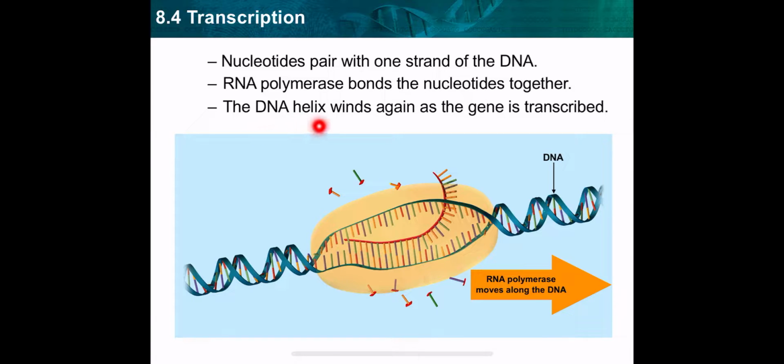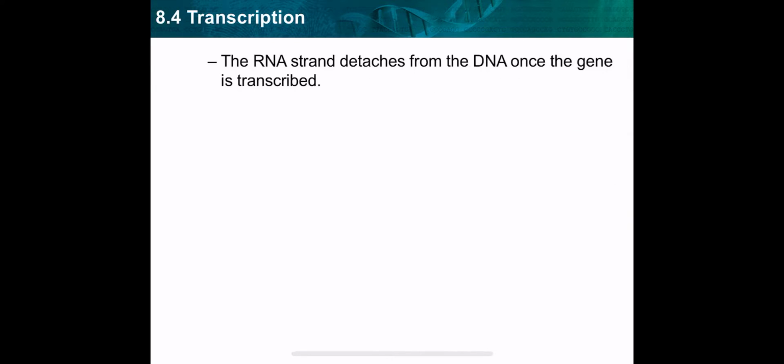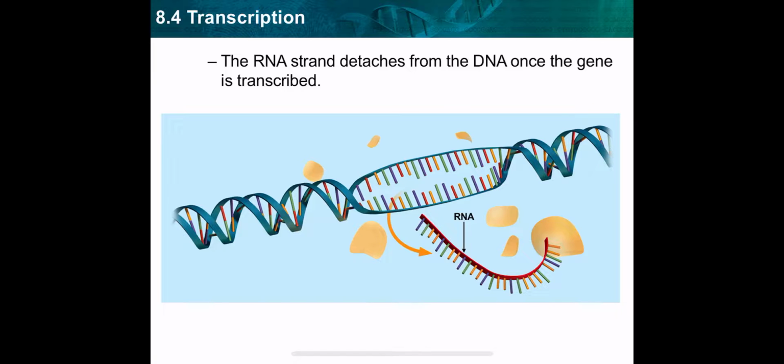After that, when transcription has finished in this area, the DNA helix winds again, or zips again, to go back to its original state. And after that, the RNA strand is ready.